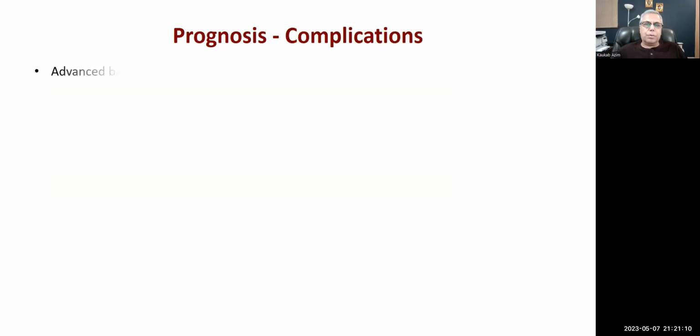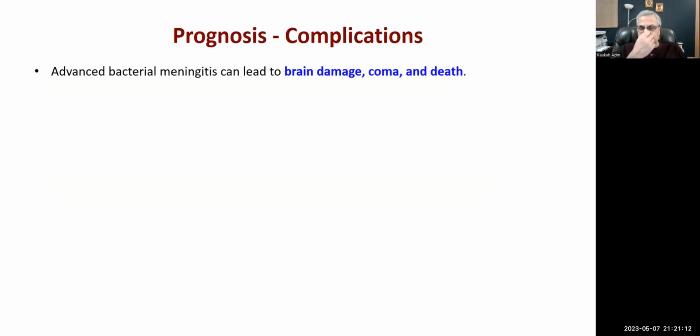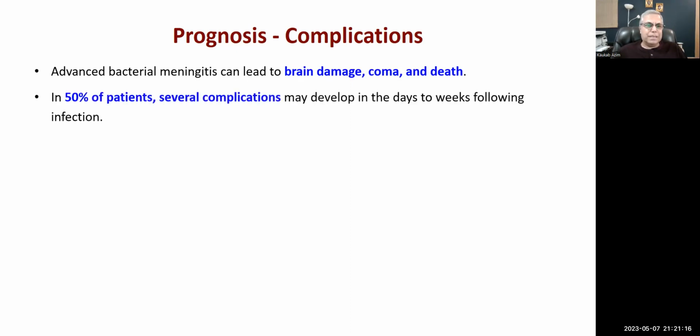Now let us go on to the prognosis and complications. Advanced bacterial meningitis can lead to brain damage, coma, and death. In 50% of patients, several complications may develop in the days to weeks following. Long-term sequelae are seen in as many as 30%. And what are these long-term sequelae?